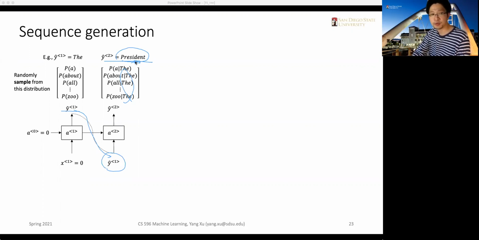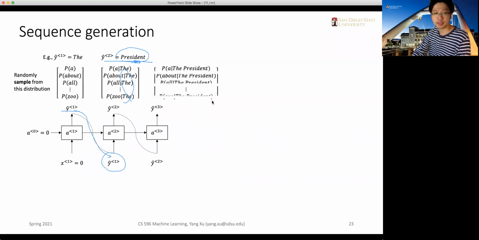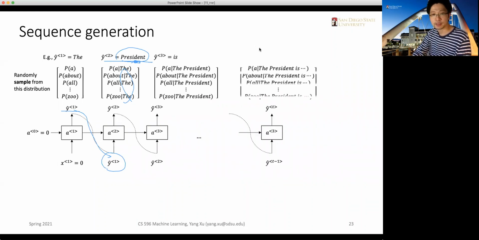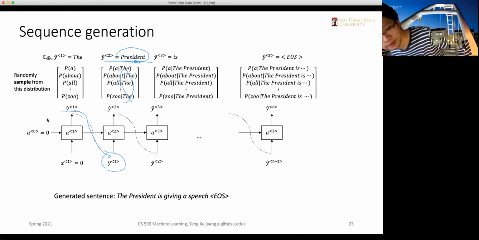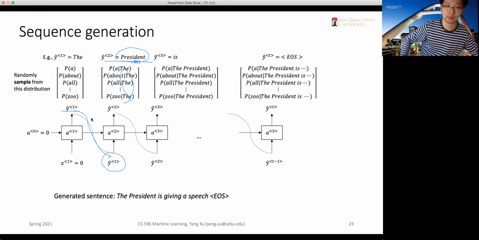So for example, we sample the second word being "president", and we feed the word "president" to the next time step, and it will generate a bunch of probabilities. For example, "is" is what we pick, until we get to the end of the sentence. And the whole generated sentence is "the president is giving a speech".